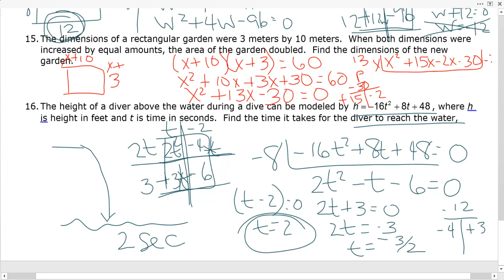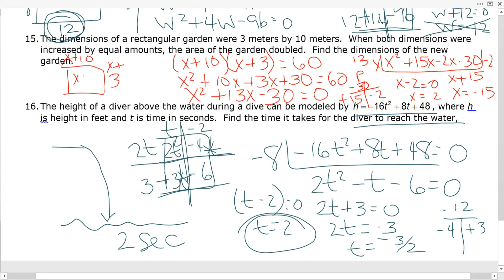Greatest common factor over here is negative 2. So I have x minus 2 and x plus 15. So x is either 2 or x is negative 15. And it can't be negative, so it's 2. Oh, that makes so much more sense.